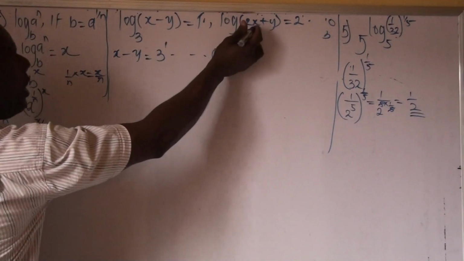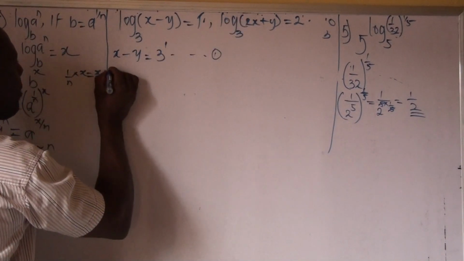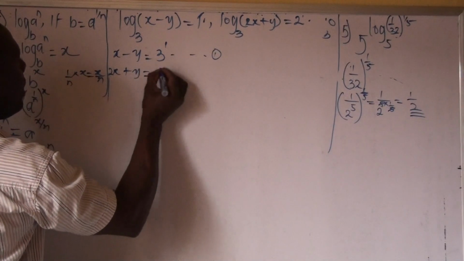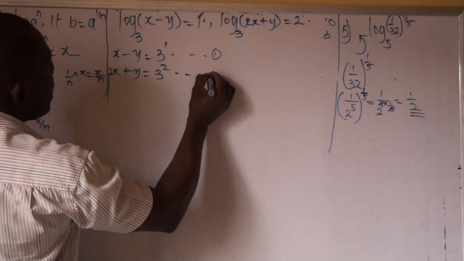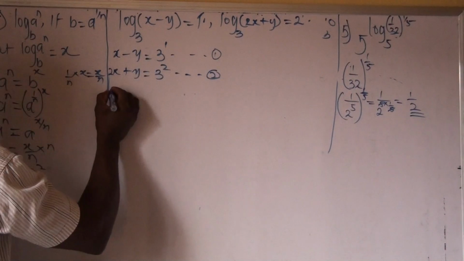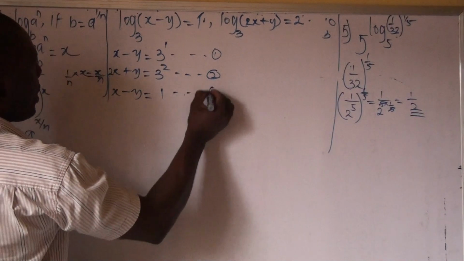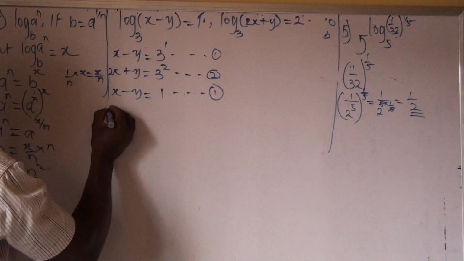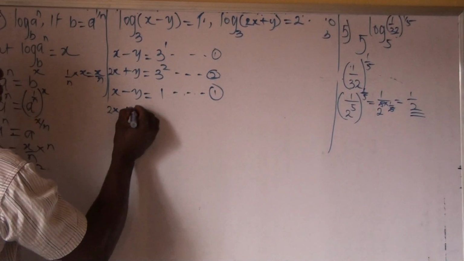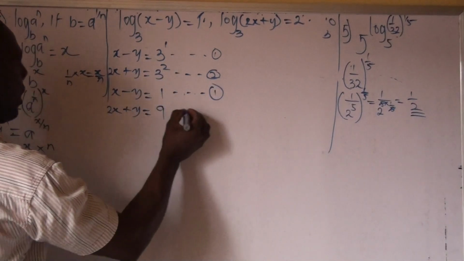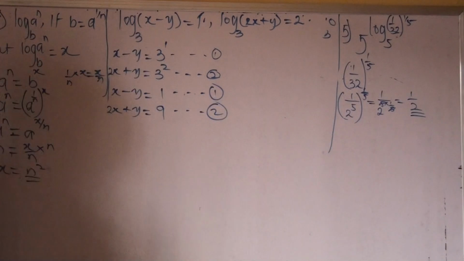Then from the second equation, 2x plus y is equal to 3 raised to the power 2. So x minus y from equation 1 is 1, and the other one, 2x plus y, is equal to 3 raised to the power 2, which is 9. This is equation 2.